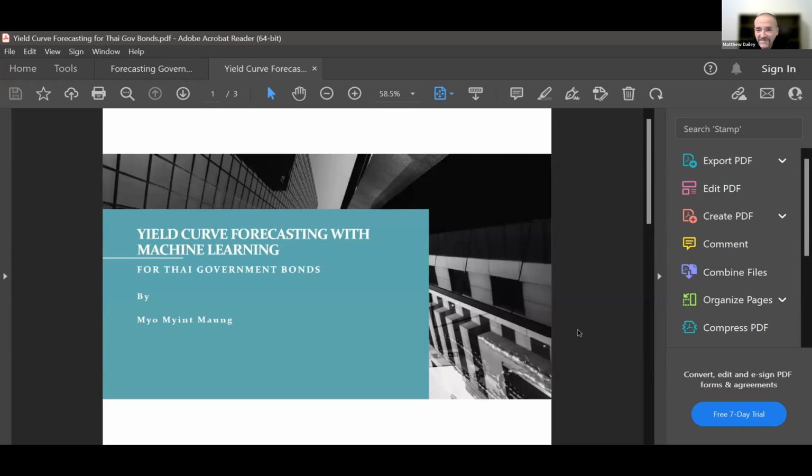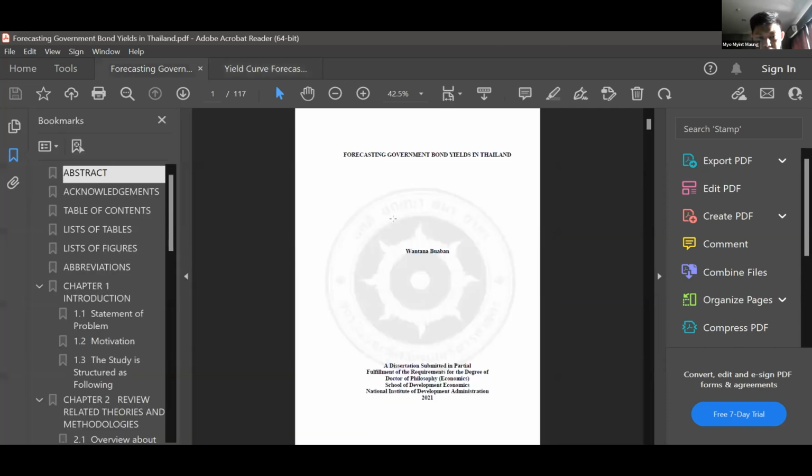Good morning, everyone. My project is to forecast the yield curves of Thailand, specifically the Thai government bonds. I'm mainly referring to a PhD dissertation from the National Institute of Development Administration.